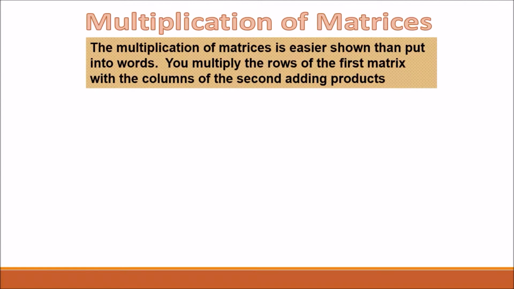Then we can talk about multiplication of matrices. We can multiply two matrices by multiplying the rows of the first matrix with the columns of the second and adding their products.